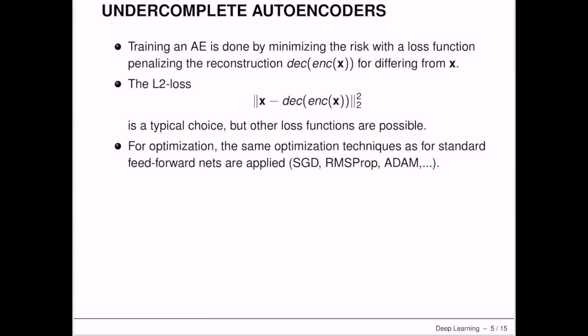As neural networks in a supervised setting, we can train this autoencoder by minimizing the empirical risk with respect to some loss function, and we use a loss function that penalizes the reconstruction given by our autoencoder for differing from our input X. So we can use the mean squared error or squared error loss, also called L2 loss, where we just measure the difference between X and the output of our autoencoder.